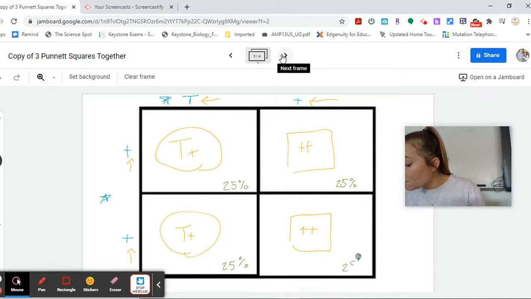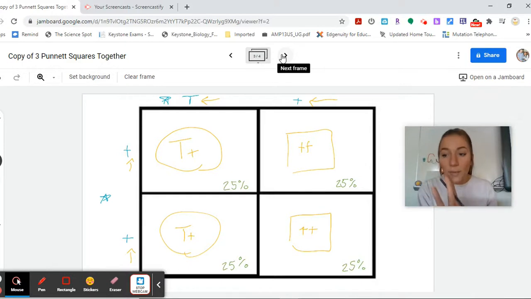This is especially important when we're formatting things, that we always keep the big letter first. Because if you accidentally wrote little t, big T here instead, you might not realize that it's the same. And then you might say 25% and 25% instead of 50% are big T, little t. Okay? Another reason that we keep all of our formatting the same, big letter comes first.